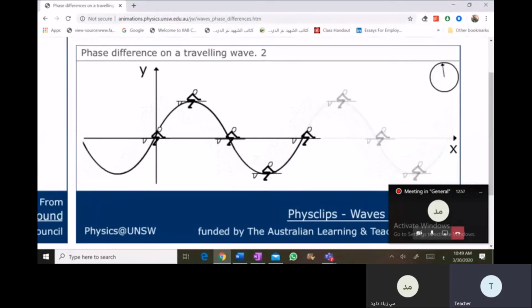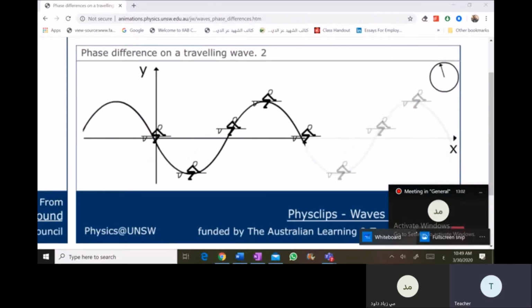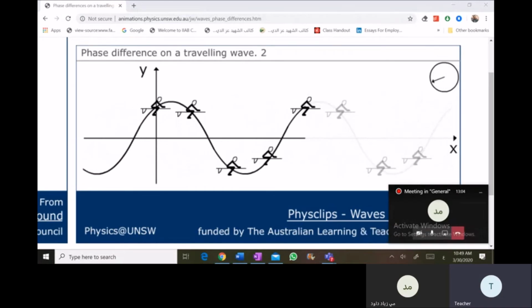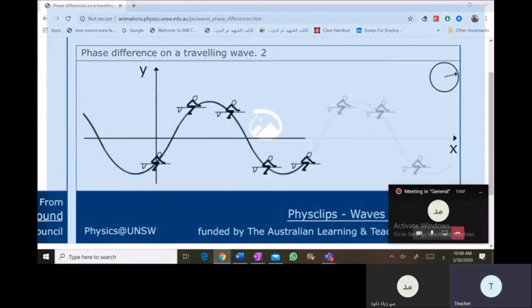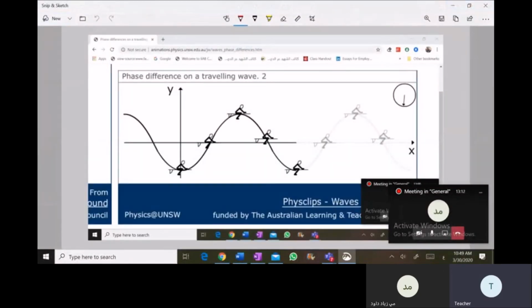Okay, if I use a snapping tool, if you look at this and this, these two particles are oscillating in phase, right?